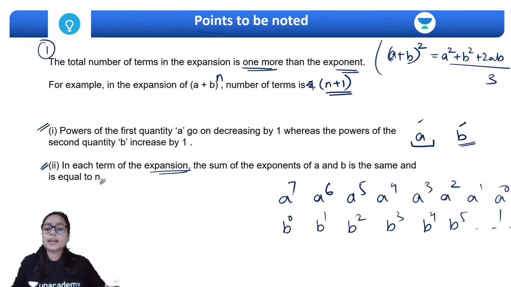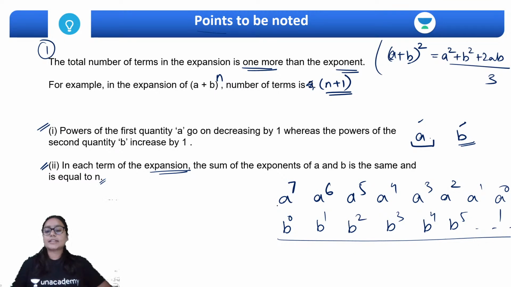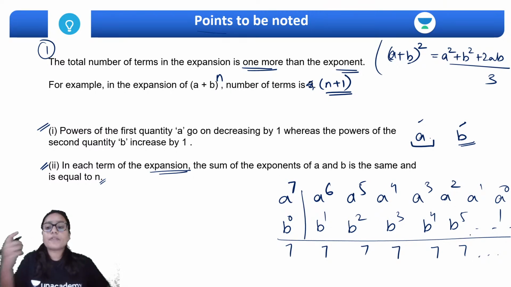Let's see here: we have 7 here and 0 here. Let us add these exponents: 7. Here also 6 plus 1 is 7. 5 plus 2 is 7. 4 plus 3 is 7. 3 plus 4 is 7. Alright, so the sum of the exponent of term a and the exponent of term b is always equal to n.